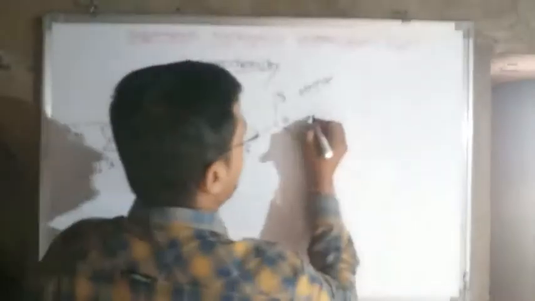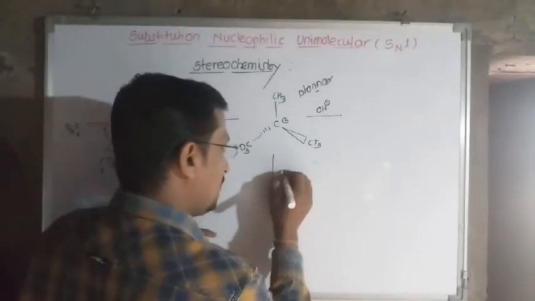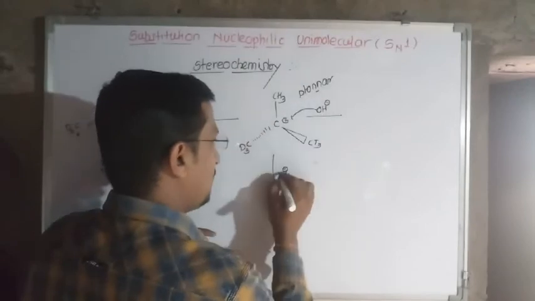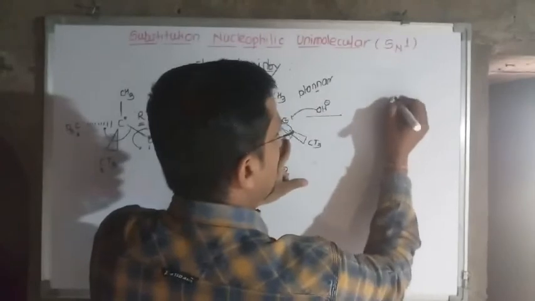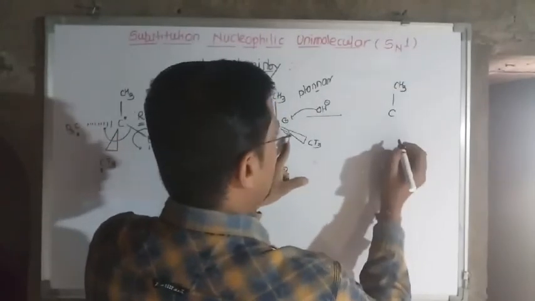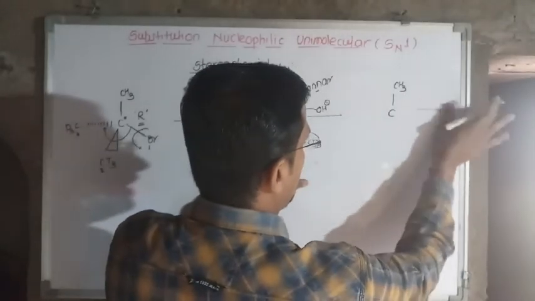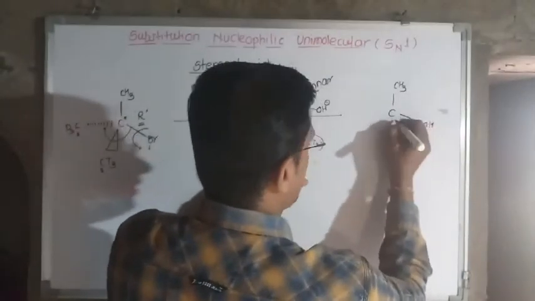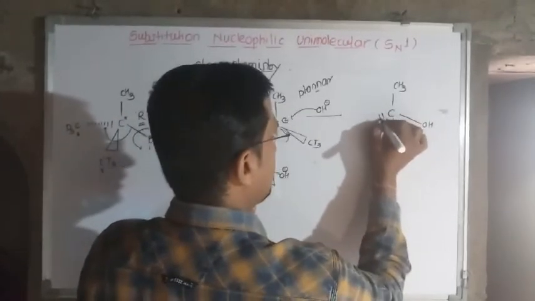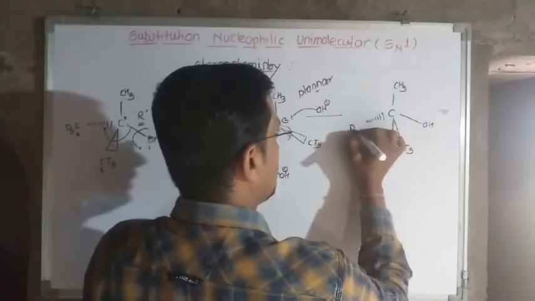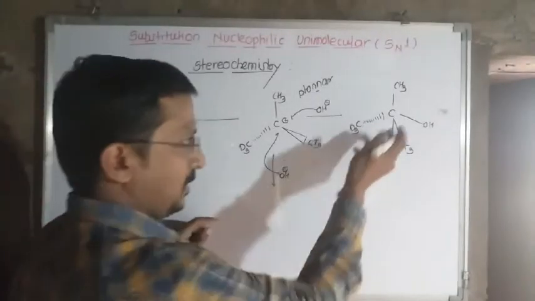So if OH minus is the nucleophile, it can attack from this position or from this position. When it attacks from this position, the structure becomes carbon, methyl, and OH, with D3C and CT3.